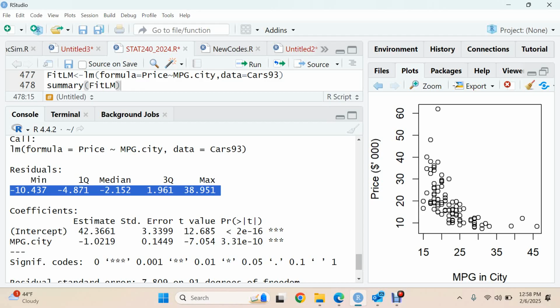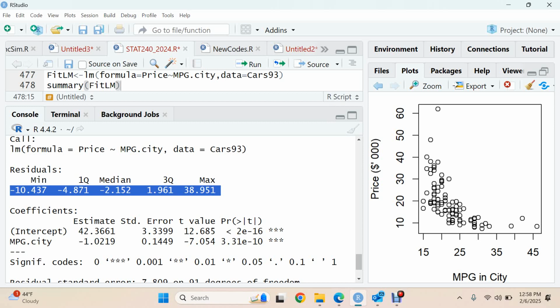If x is 0, that part will be 0. I'm coming to the next one. So is everybody okay with the constant, the intercept, and how to interpret it? The y will be equal to the intercept if x is 0, isn't it? So that's how you look at it.